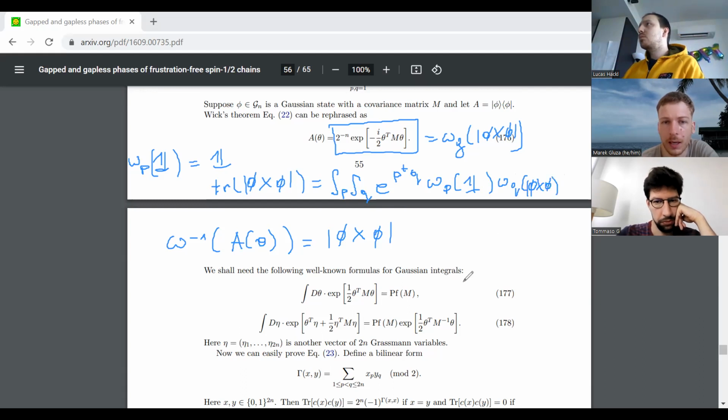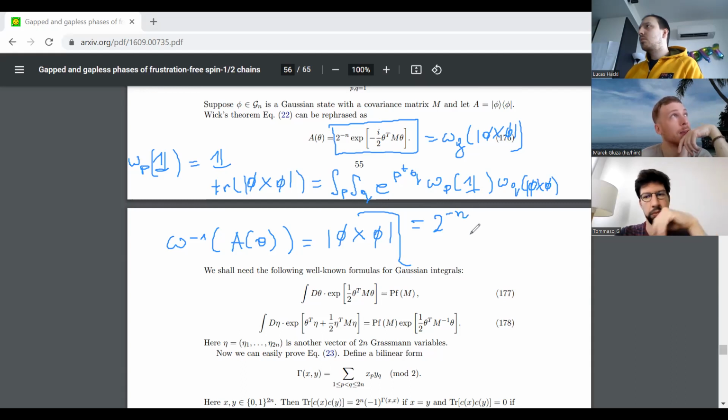I'm not sure if I should be computing it now, but the idea would be that one of the integrations is again giving us a Gaussian integration, and the other integration will be picking out only this 2 to minus n.